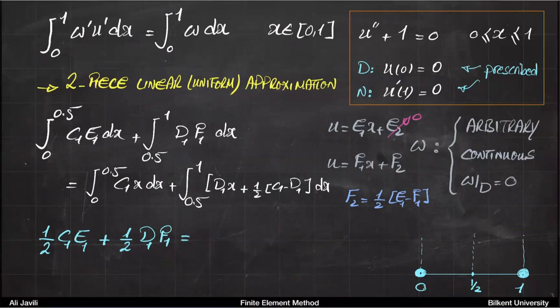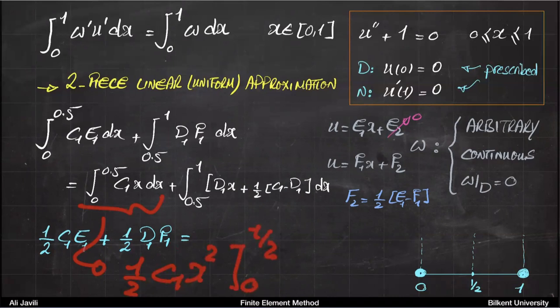what do we get on the right hand side? This thing would be 1/2 of c1 x squared from 0 to 1/2. So 1/2 to the power 2 gives you 1/4 times 1/2, that gives you 1/8. So this thing would be 1/8 of c1.